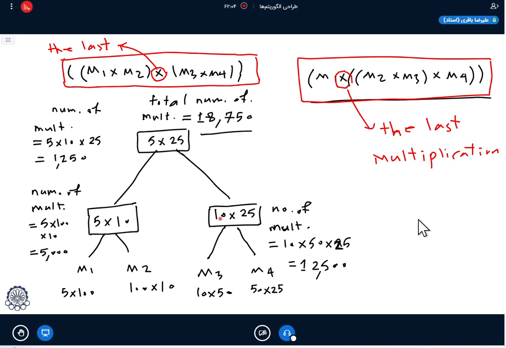In the right side, 10 rows and 25 columns. These two are multiplied to each other. The number of multiplications is 5 multiplied by 10 multiplied by 25, as we wrote here. And the result is a matrix that has 5 rows and 25 columns, as we write it here. Then we sum the number of multiplications and we get this one.